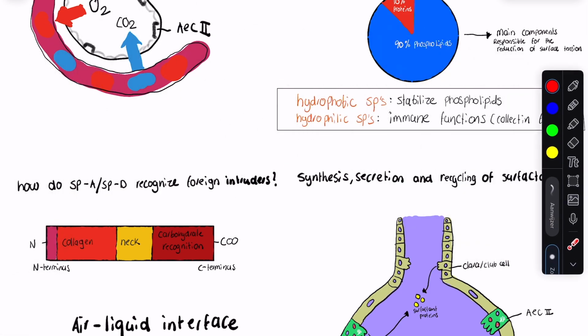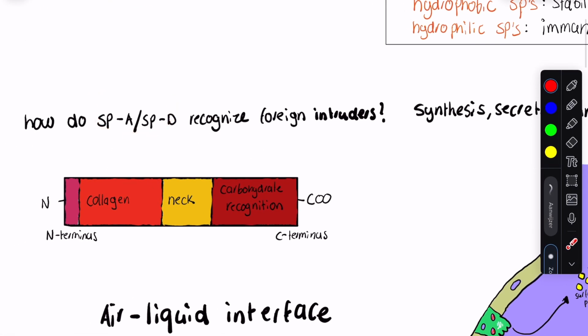I'll move this across. So how do the surfactant proteins A and D recognize foreign intruders, and therefore play a very important role in the immune functions? Well, this is how such a surfactant protein A or D, a hydrophilic one, looks. You have here the N-terminus, and then you have a collagen part, a neck part, and this is the main part that's very important, which is the carbohydrate recognition part, on the C-terminus.